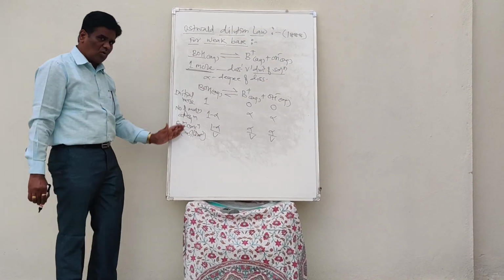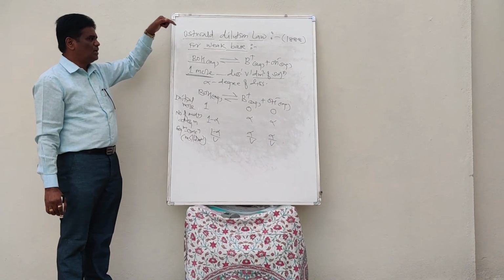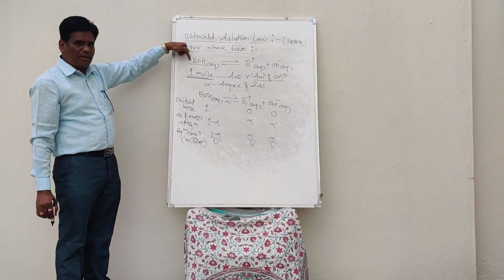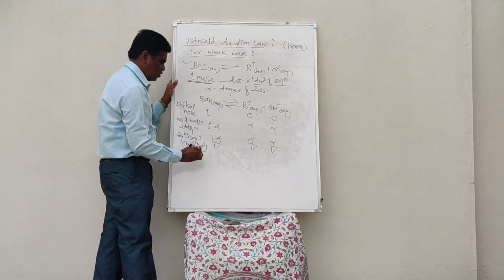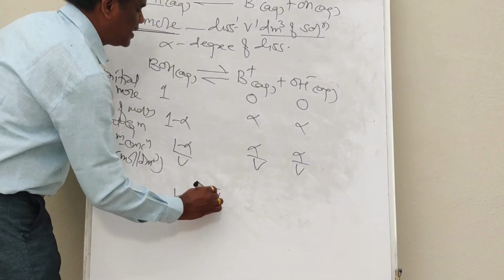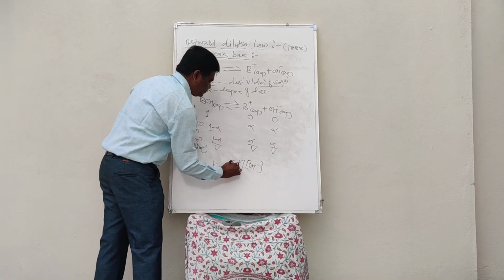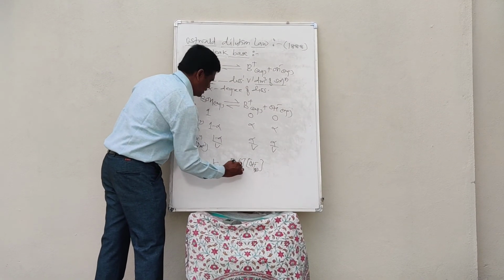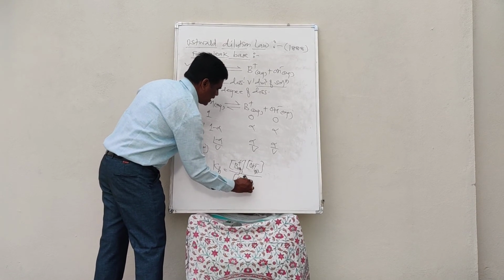So once you know all these terms, you have to put these values by applying law of mass action on this equation. Now applying law of mass action, the equation becomes Kb is equal to concentration of B plus into concentration of OH minus aqueous divided by concentration of BOH aqueous.